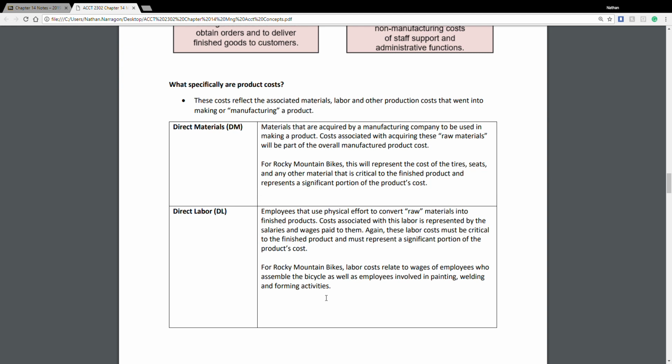So these are your workers, your assembly line guys, your guys working the machine to actually create the bike. Those are going to be our direct labor. Again, labor costs for Rocky Mountain Bikes will be wages of employees that assemble the bike, as well as employees that paint, weld, and do other forming activities. Yes, bikes get welded.